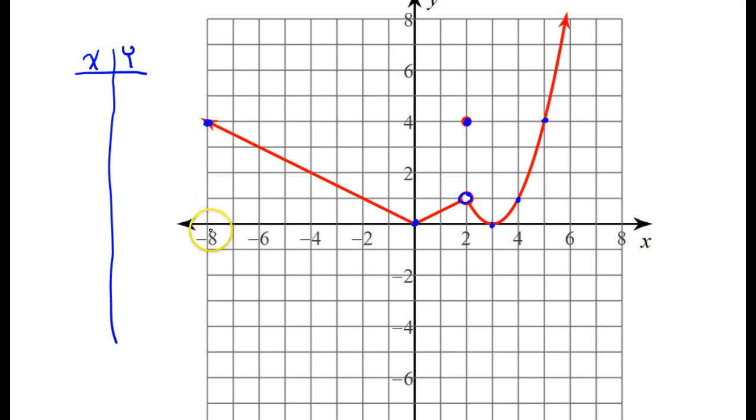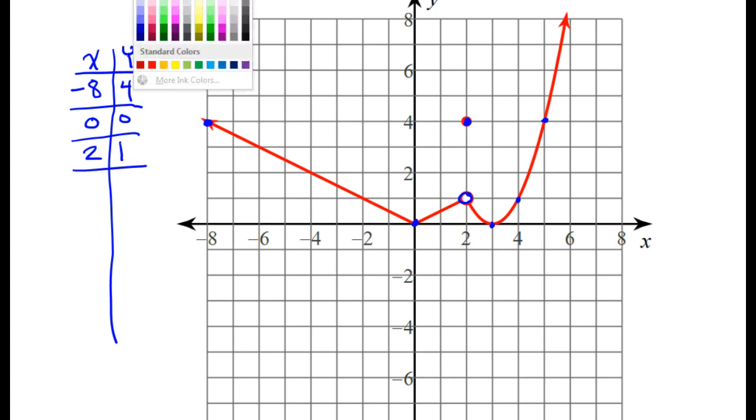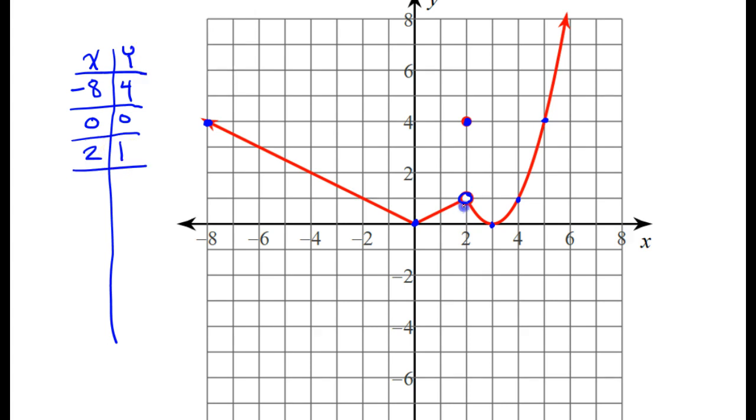Okay, so my first point is at -8, 4. And then I have 0, 0. And then I have 2, 1. All right, then it jumps to 2, 4.